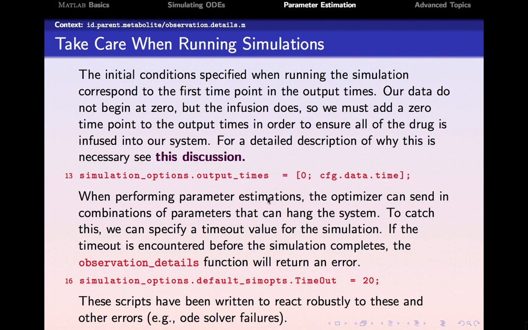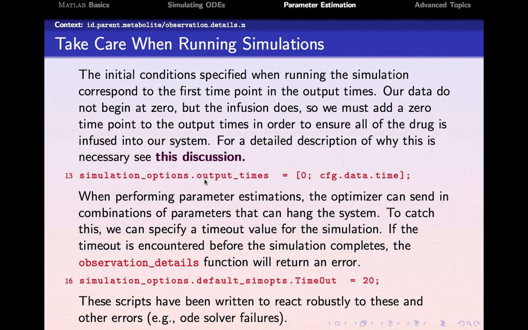Now, this is important because in this example, our output times don't actually begin at time 0. If you look back, you'll see that the first output time is actually at 0.5, right? But our infusion begins at time 0.